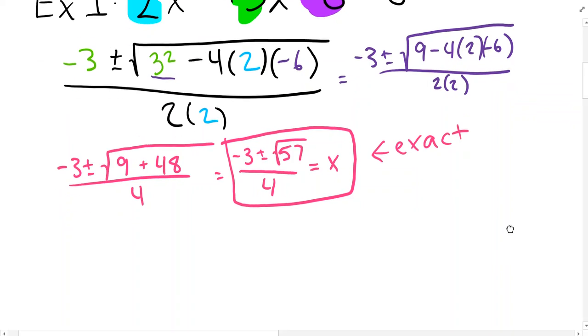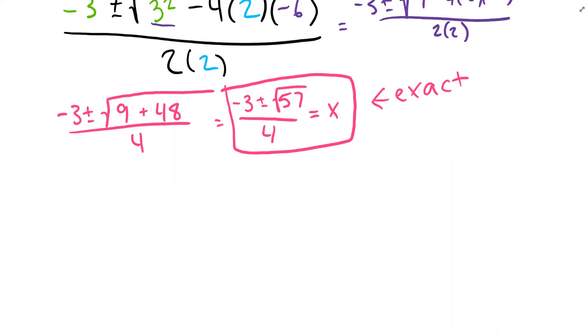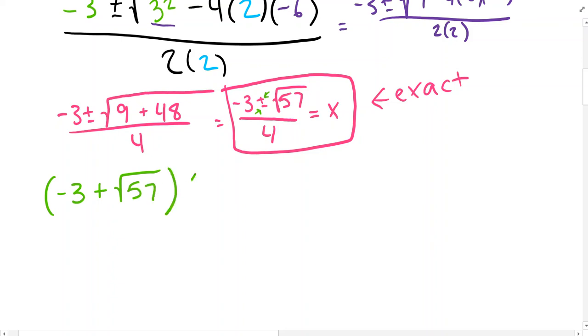So I'm just going to plug this into a calculator. I'm only going to do this for the first one because it's just calculator work. But how I'm going to do this is I'm going to have to do this once for my positive and then once for my negative option. And so in my calculator I'm going to do parentheses, -3 plus the square root of 57, parentheses divided by 4.